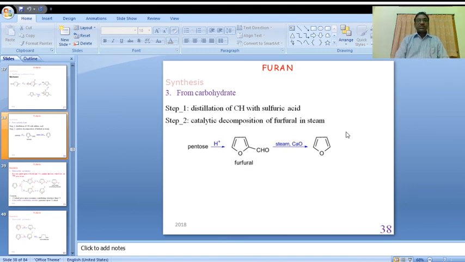In the first step, distillation of carbohydrate with sulfuric acid. Step 2, catalytic decomposition of furfural in steam.